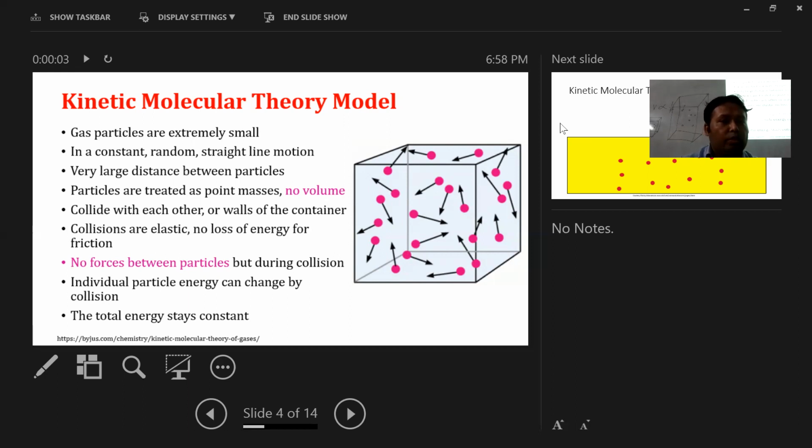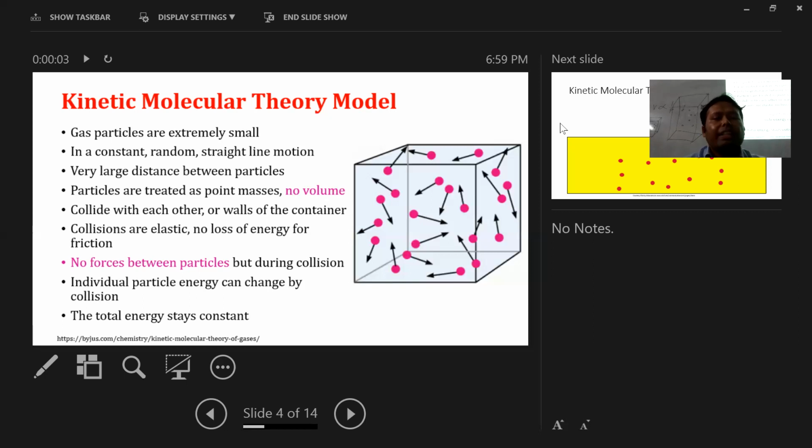So, first one, gas particles are extremely small. That is okay in some sense. If you want to compare different gas molecules, say oxygen and hydrogen, and compare the radius of the oxygen molecule and the hydrogen molecule, you can see that the radii are not very different.